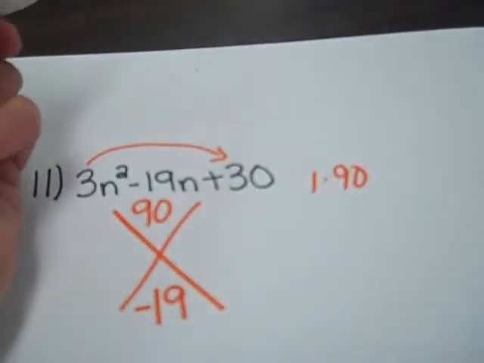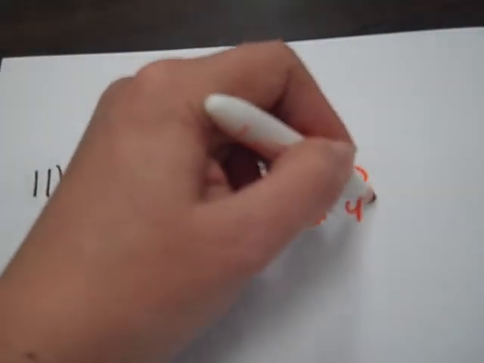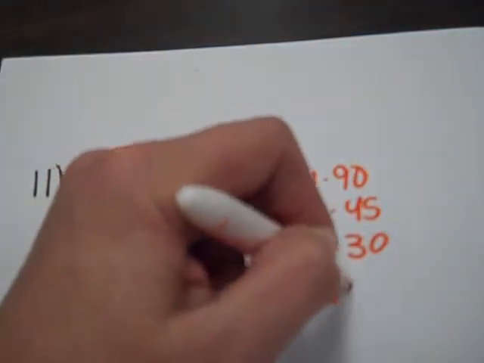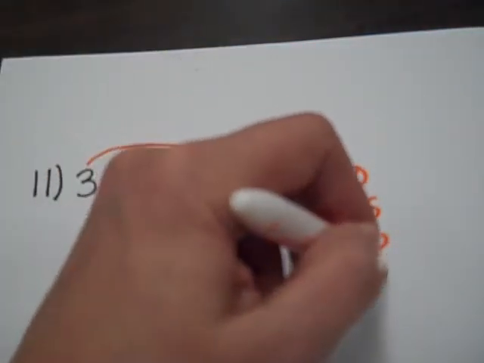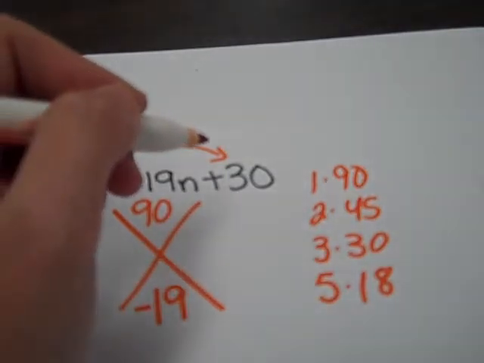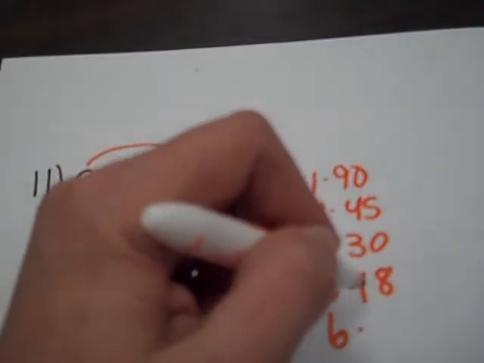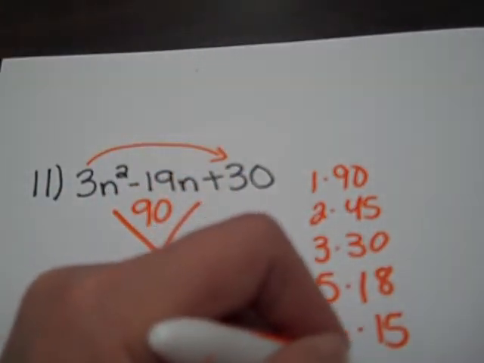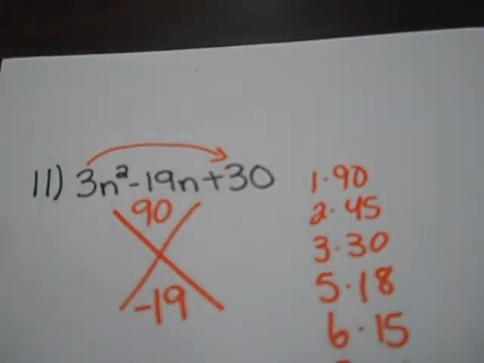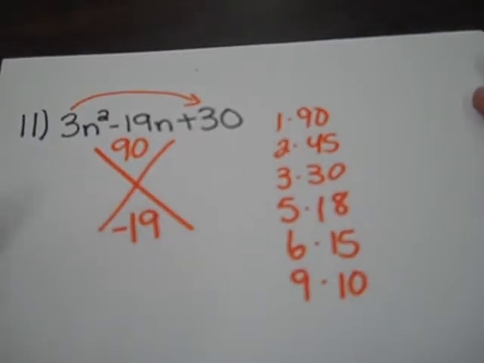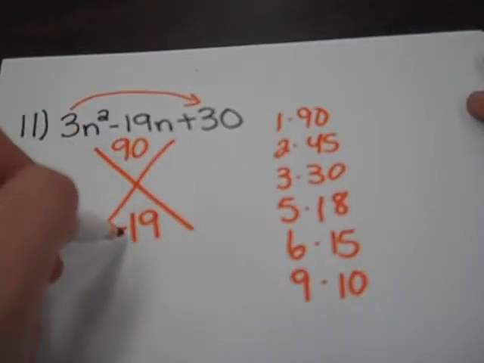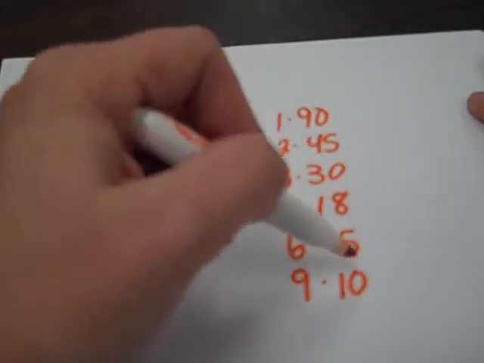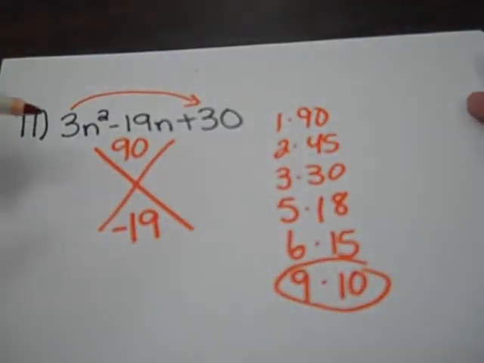To get 90 is 1 times 90, 2 times 45, 3 times 30, 5 times 18, 6 times 15, and 9 times 10. Okay. I need to get 19. Nothing in here is going to give me 19 until I get here.